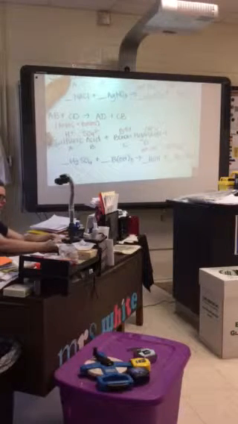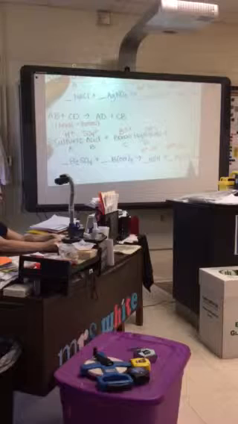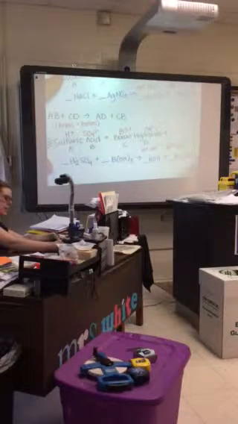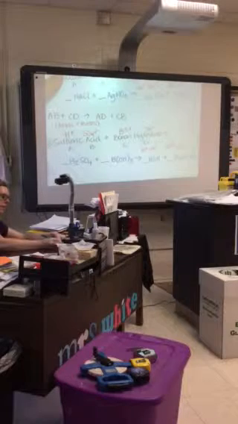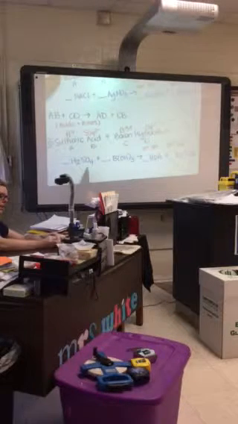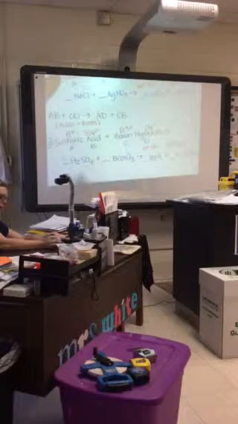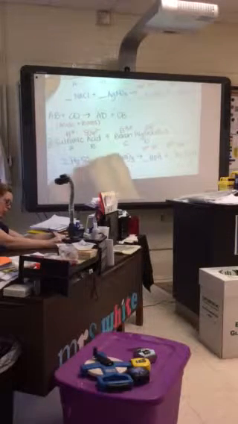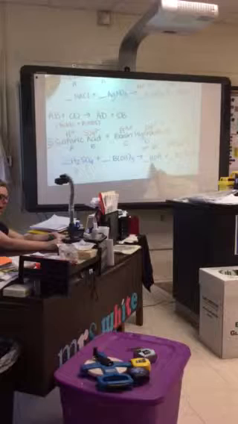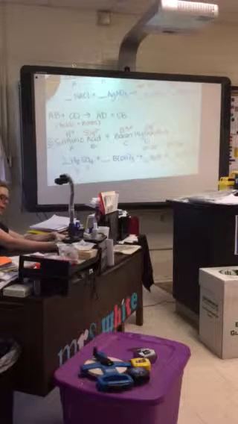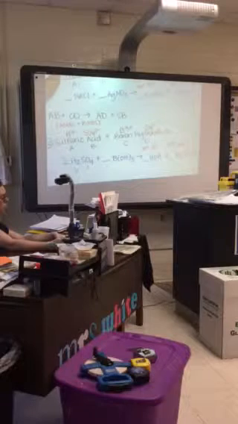Alright. Let's tackle these polyatomic ions first. So I got 3 sulfates here. I got 1 sulfate here. So I'm going to multiply it by 3. That gives me how many hydrogens? 6. I got 1 hydrogen here. So what am I going to multiply it by? By 6.